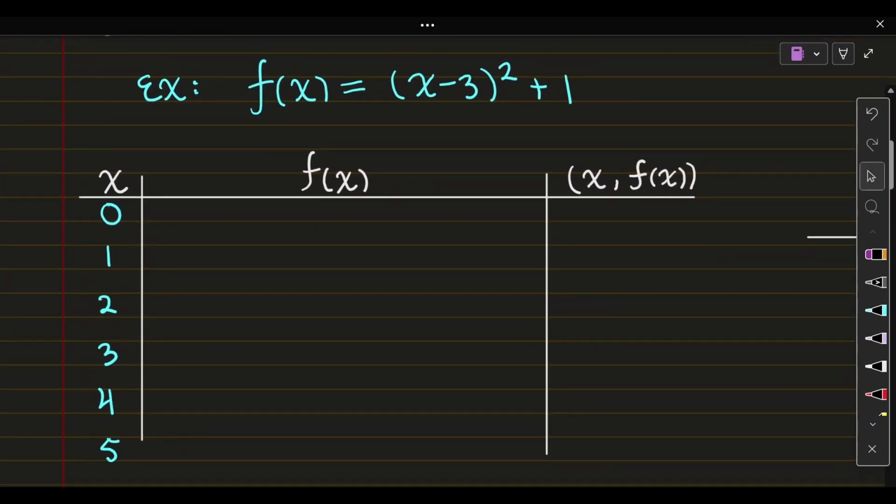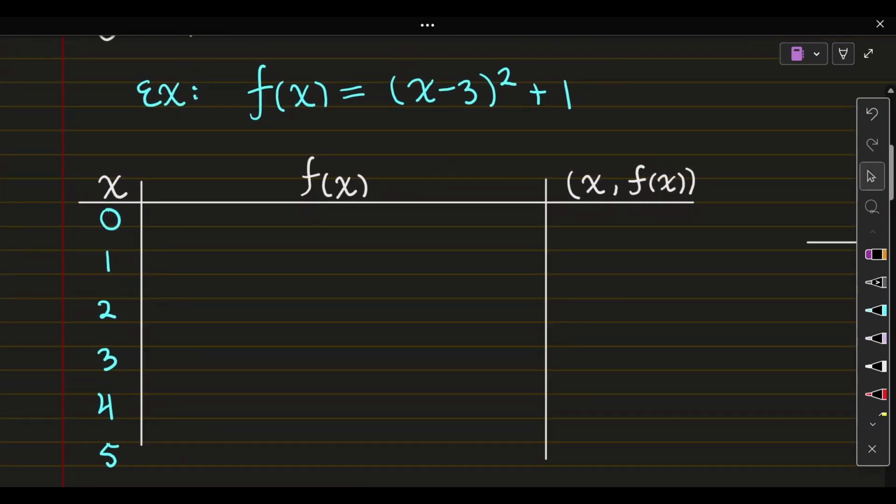Now everywhere we see an x on the right-hand side, we're going to plug in the value that we're trying to find.